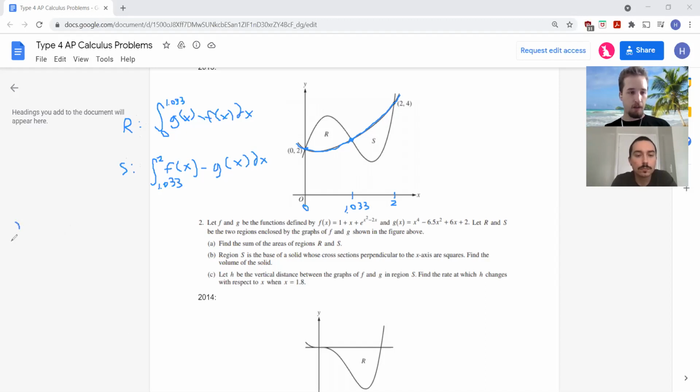So, and then when you put this into the actual calculator, I'll do R first. We can actually put the equation in. So we get g of x is equal to x to the fourth minus 6.5x squared plus 6x plus 2.